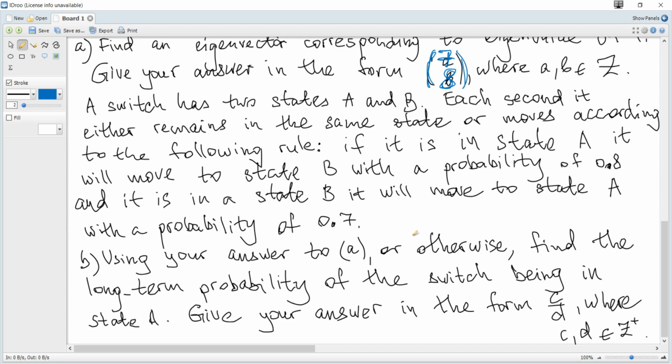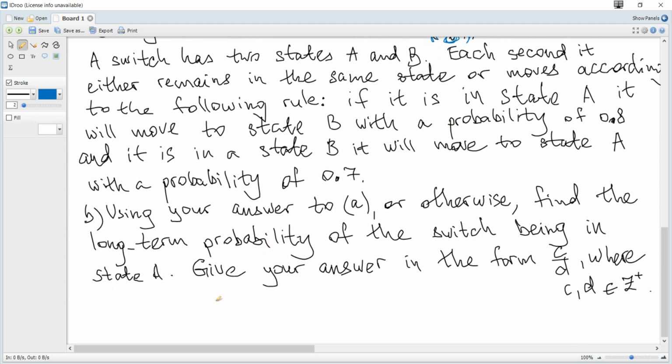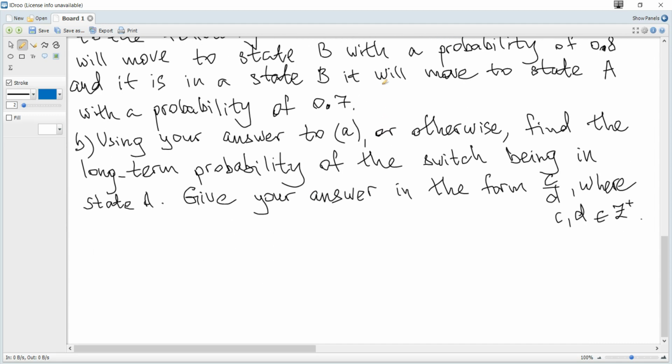First of all, you should understand that here it's about probabilities of being in some state, and it's about a transition matrix, which describes transition from a current state to the next state of a system. And such systems are called Markov chains.